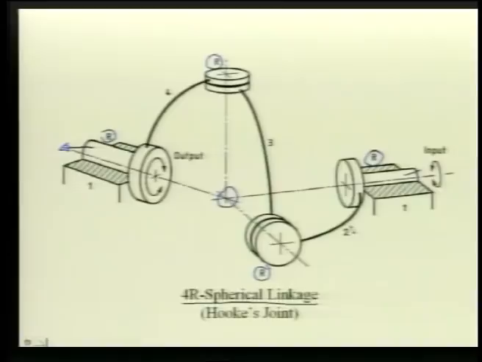The input is link 2, link 1 is fixed, there is a revolute pair. If I rotate this input shaft, the motion is transmitted through all these revolute joints and ultimately the output link 4 rotates. So, this is a mechanism to connect 2 shafts whose axes are not parallel, but intersecting. Such a joint is known as a Hooke's joint.